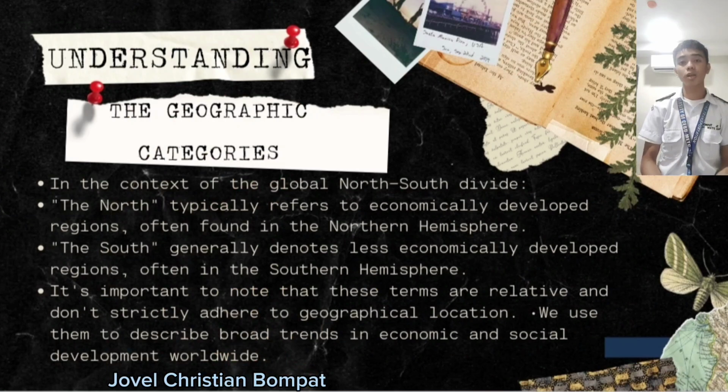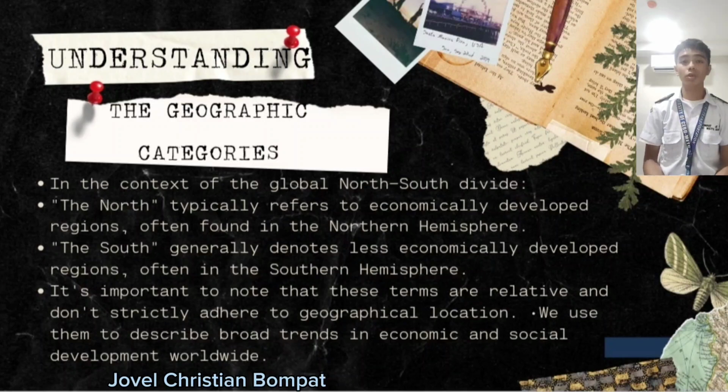So, in the next slide, we will talk about understanding the geographic categories. In the context of the global North-South divide, the North typically refers to economically developed regions, often found in the Northern Hemisphere. The South generally denotes less economically developed regions, often in the Southern Hemisphere.